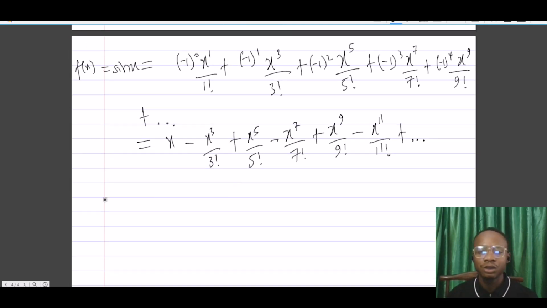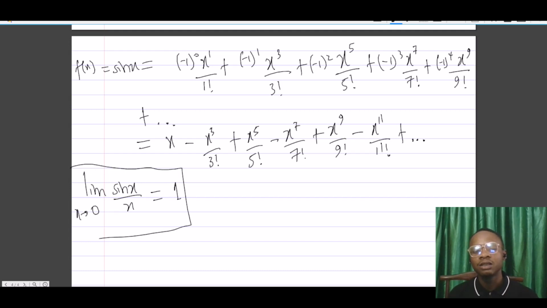We should recall one of the limits we calculated before: sine x over x as x approaches 0. We know that the limit was 1 from what we've done before. This presents another unique way of getting this result.